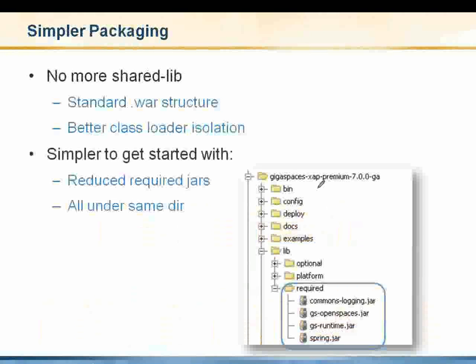In 6.6, in the WAR file even, there was an additional GigaSpaces-specific shared lib directory where you had to place the entries. We removed the need for shared lib, which is a big win for us and for our users, because it really simplifies the way you package processing units, and it means that we support the standard WAR structure of WEB-INF/lib and WEB-INF/classes.